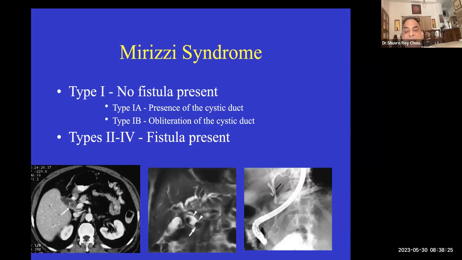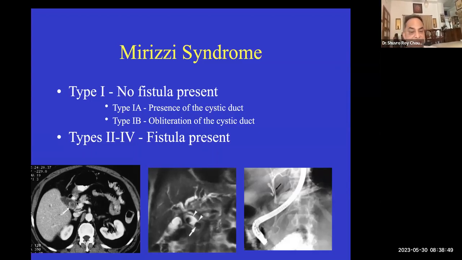And it can look like a cancer for all practical purposes. It looks like an abrupt stricture, but it is a smooth stricture, smooth compression. It is not irregular. There is no shouldering in Mirizzi, and there is upstream dilatation of the bile duct, and the patient presents with obstructive jaundice.